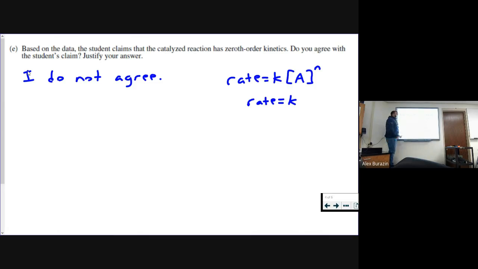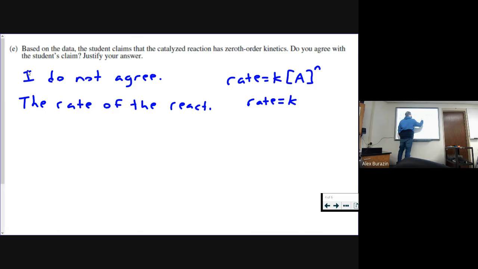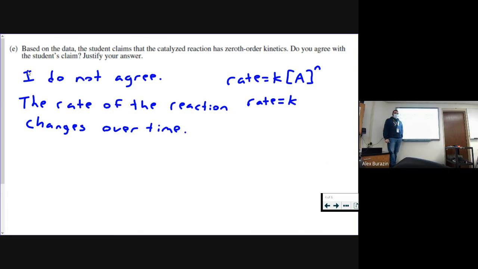Okay, that's enough. You can totally write a second sentence that says a zeroth order process has a constant rate.